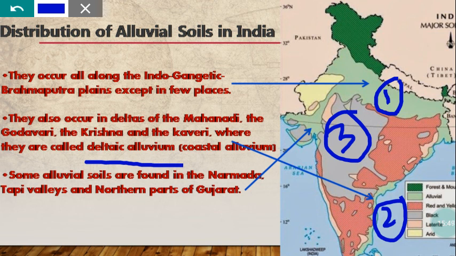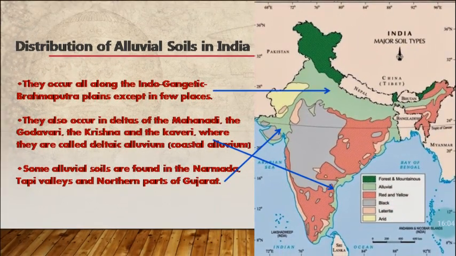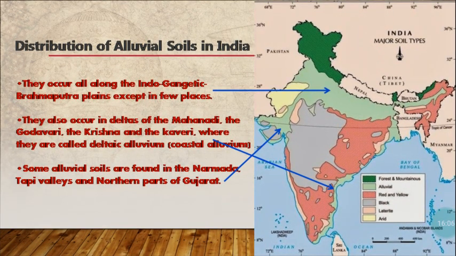Number 2, beside the rivers Mahanadi, Godavari, Krishna, southern part of India. And number 3, the western part of India, that is Narmada, Tapi and some portion of North Gujarat. Clear? These are the main 3 locations of alluvial soil in India.